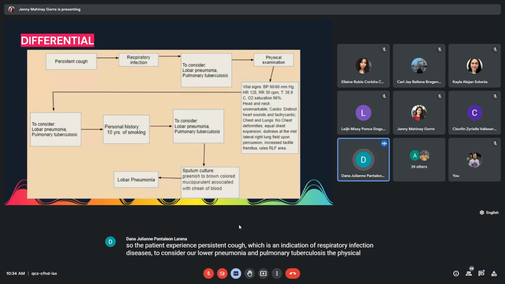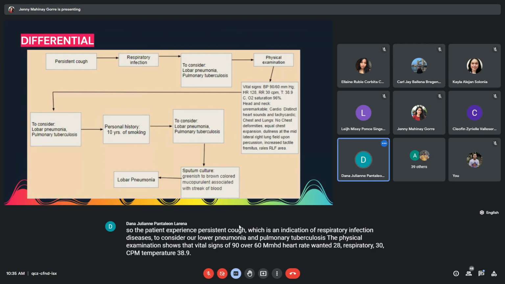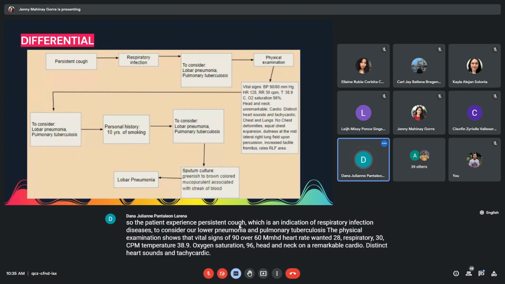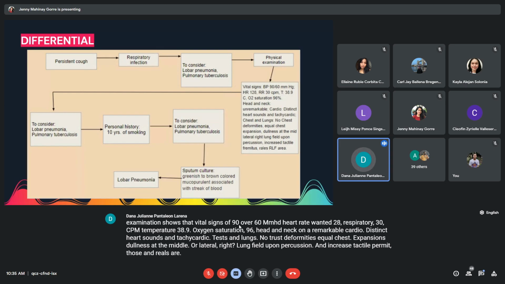The physical examination shows vital signs of 90 over 60 mmHg, heart rate 128, respiratory rate 30 CPM, temperature 38.9, oxygen saturation 96, head and neck unremarkable, cardio distinct heart sounds and tachycardic, chest and lungs with no chest deformities, equal chest expansion, dullness at the middle or lateral right lung field upon percussion, and increased tactile fremitus and rales in the right lower lobe. We consider the same diseases mentioned.